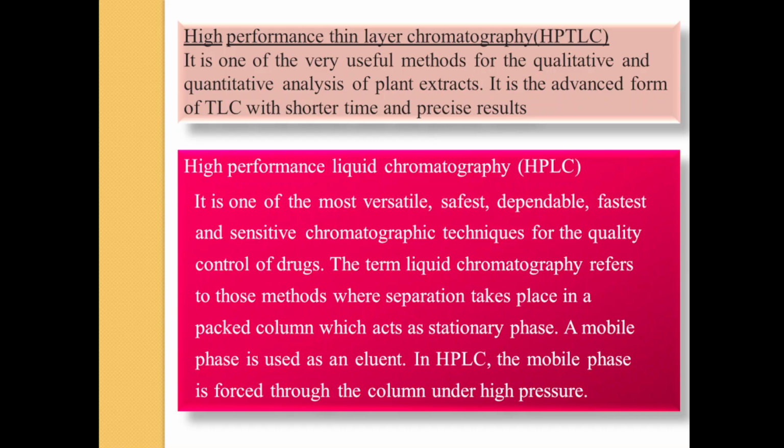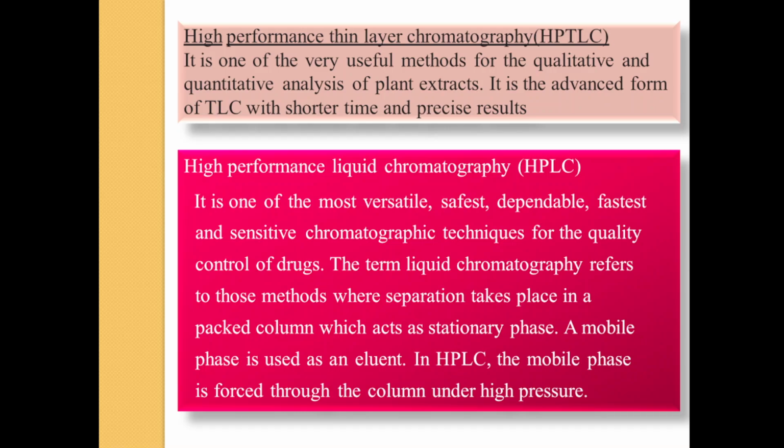Whatever the plant extract is, the sample injector is there. By using that sample injector and syringe, the sample is applied on the TLC plate. Now that TLC plate is placed in the chamber which is saturated with mobile phase.